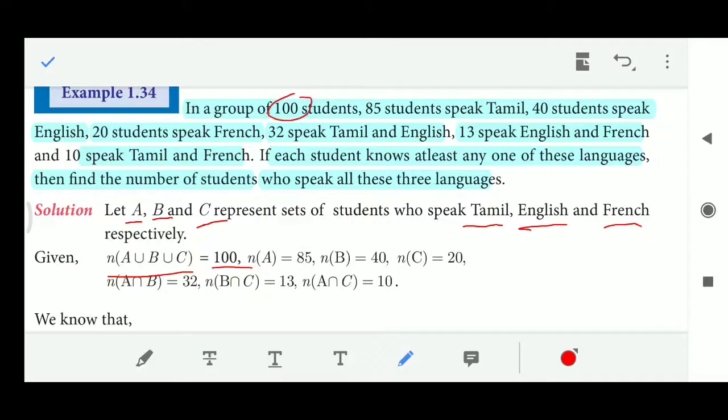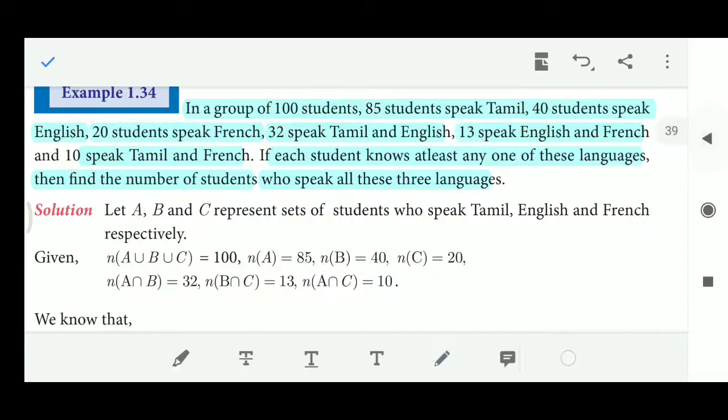From the question, given is n(A ∪ B ∪ C) = 100, n(A) = 85, n(B) = 40, n(C) = 20, n(A ∩ B) = 32, n(B ∩ C) = 13, n(A ∩ C) = 10. We know the formula for three sets.